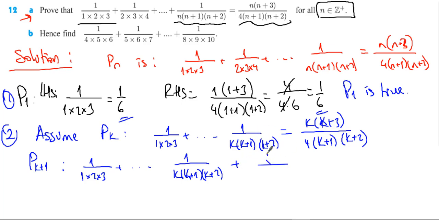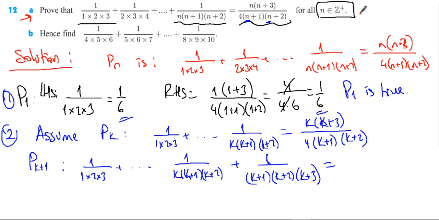So it will be 1, k plus 1, k plus 2. Instead of k, I'm now putting k plus 1. Instead of n here, I'm putting k plus 1, k plus 3. Now here I do not put the equality in the first question. I just wanted to show you our aim.